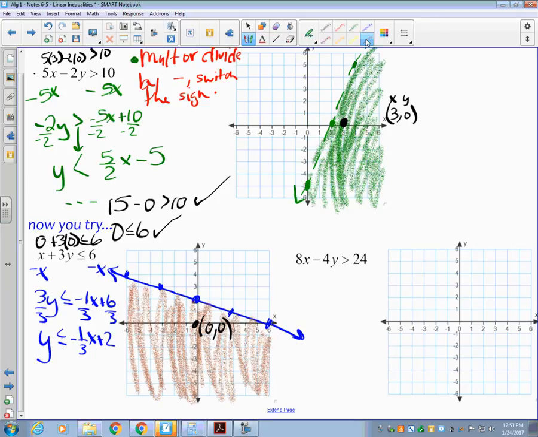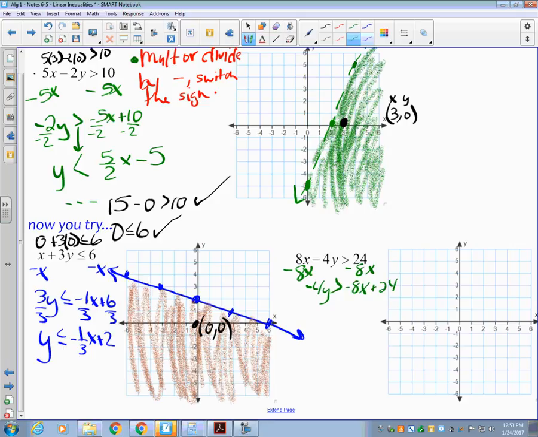All right, I can already see in this next case, I'm going to be dividing by a negative. I can see that because I have a minus 4y. So we're going to subtract the 8x. Negative 4y greater than negative 8x plus 24.